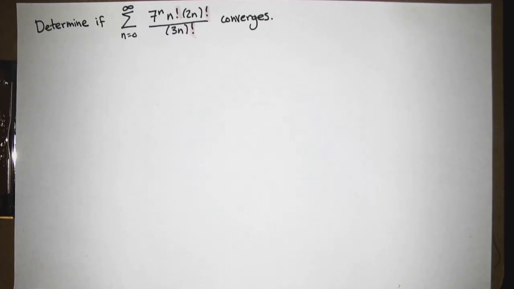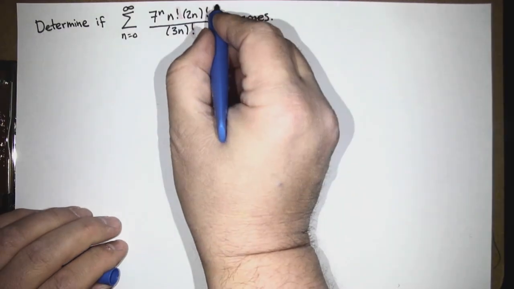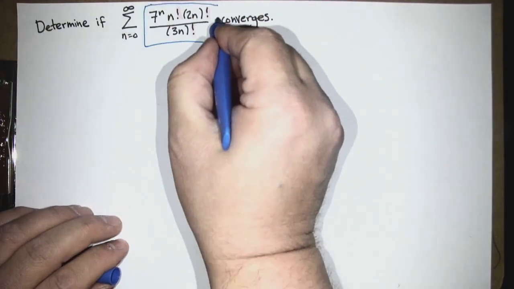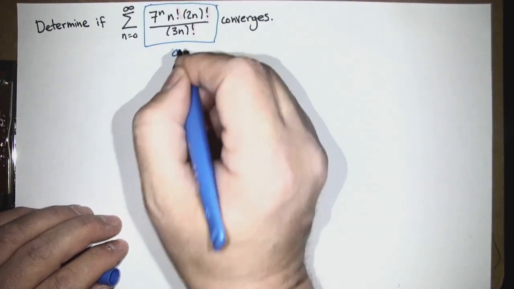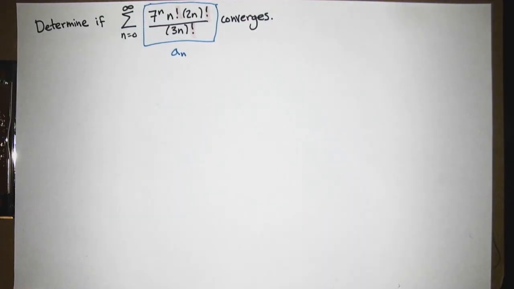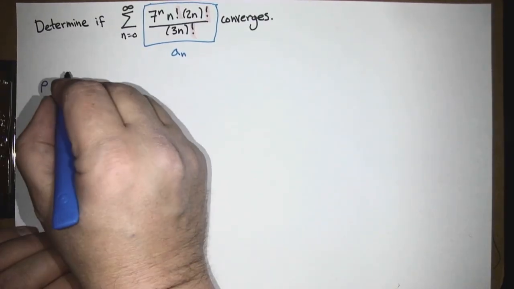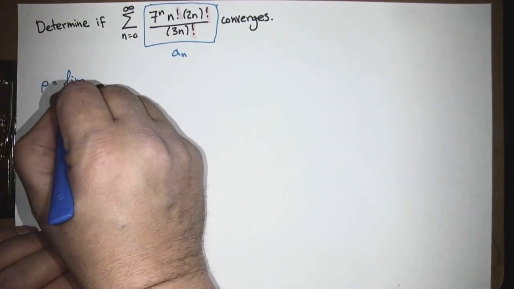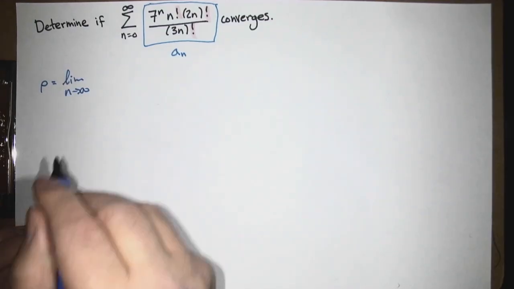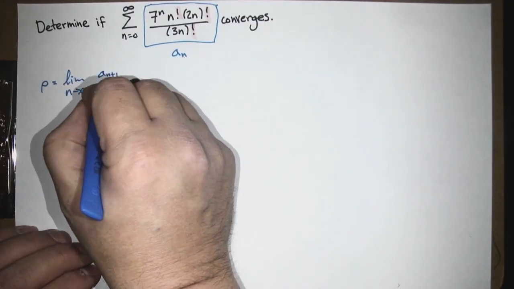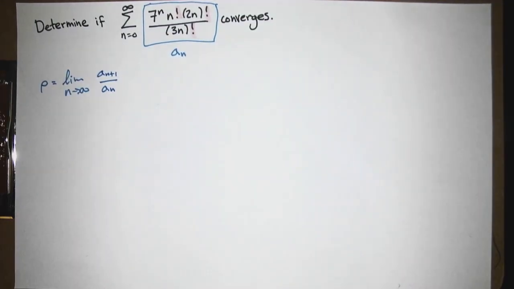Okay, so now that we've had some practice, we can probably do this a little bit faster. We know this is our nth term, this is our a sub n. Everything's positive. We don't have to worry about any negativity yet. So we're going to spend all our effort to do the limit. So rho is the limit as n goes to infinity of a n plus 1 over a n.